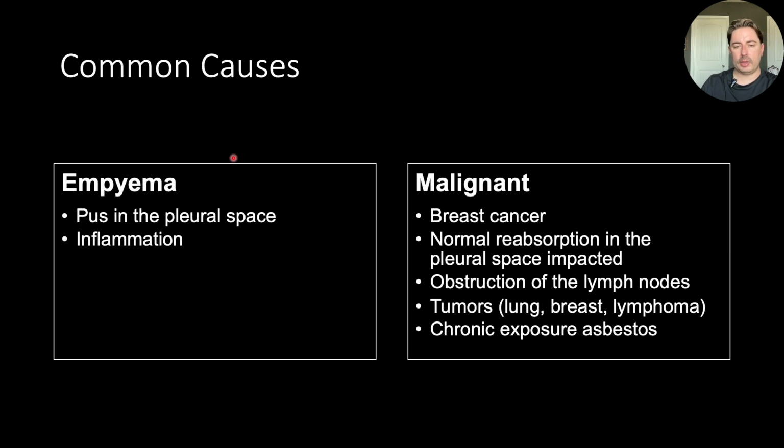So empyema could be from an inflammatory response from a pneumonia. It could be from a number of different things, but it is a result of the inflammatory cascade leading to pus or purulent fluid in the pleural space.